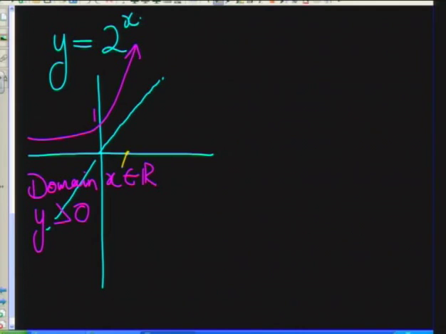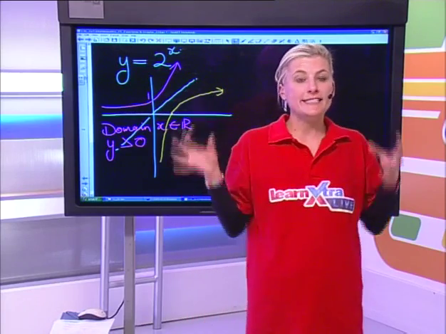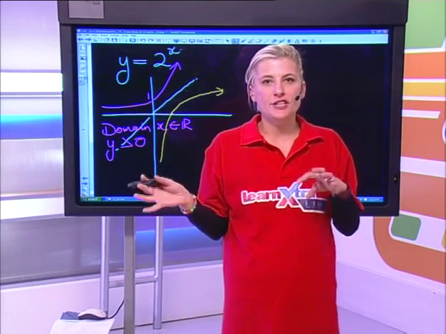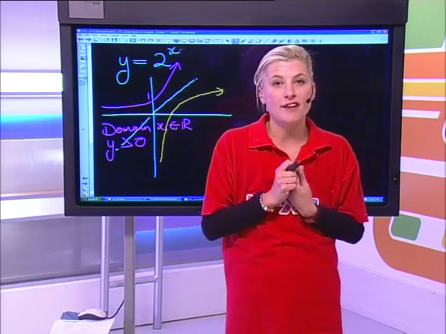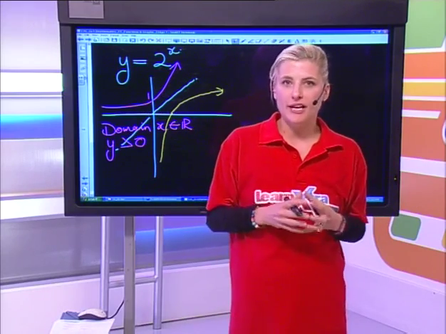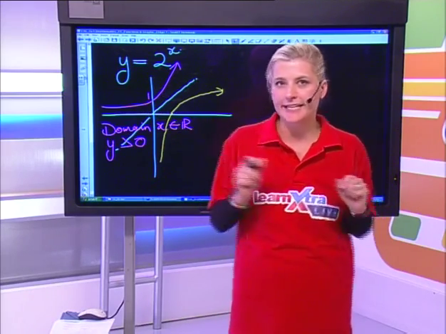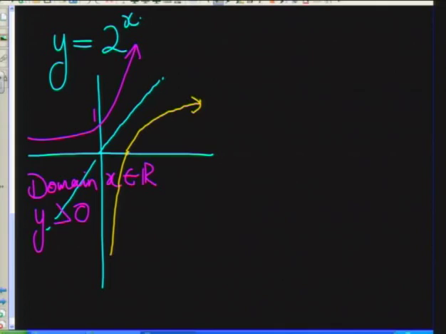We said that the inverse will be a reflection in the line y is equal to x. Now, just now when I was dealing with the straight line graph and its inverse, what I did to get the inverse is I swapped the x and the y values around, and then I made y the subject of the equation yet again. Now have a look what happens when I do that over here.